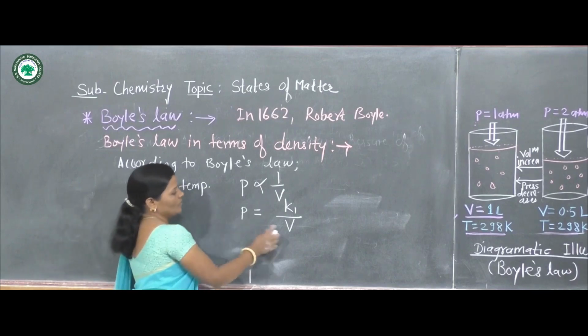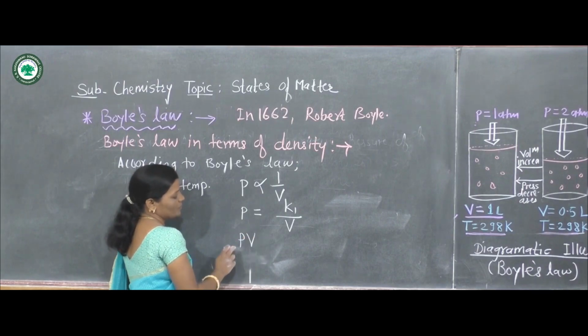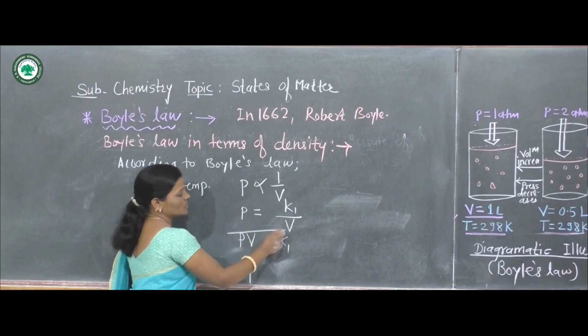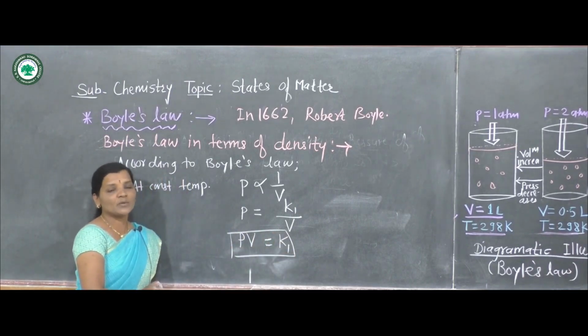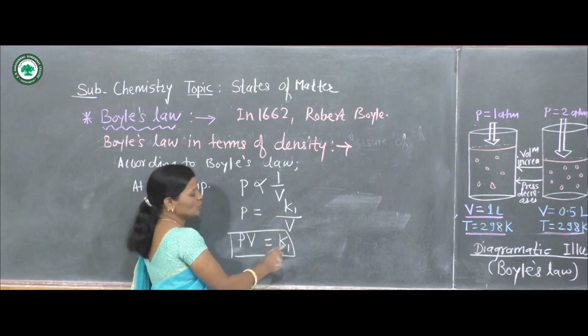Now here by rearranging this equation we can get here pressure into volume is equal to K1, that is constant. According to Boyle's law, the product of pressure and volume of the gaseous system having fixed number of moles, its product remains constant. So P into V is equal to K1.